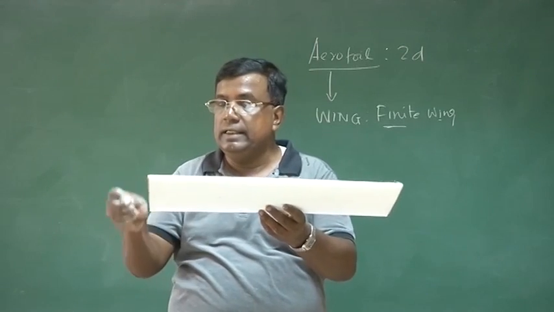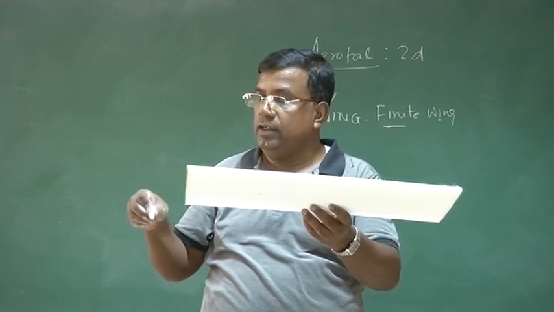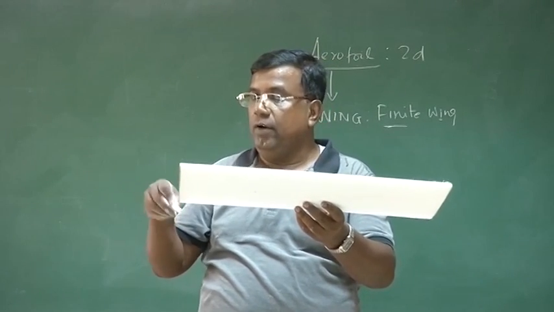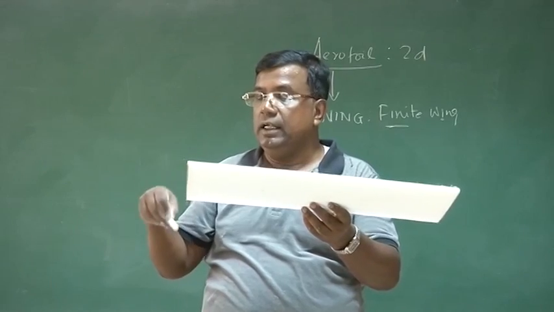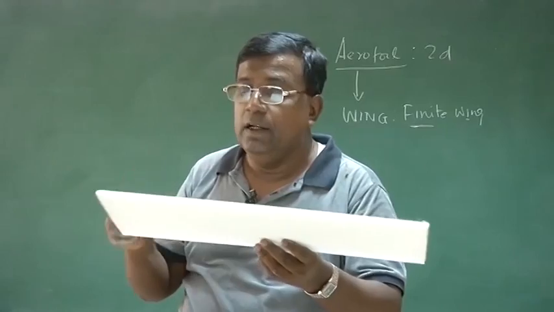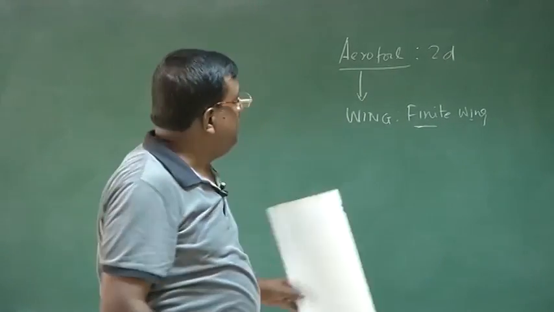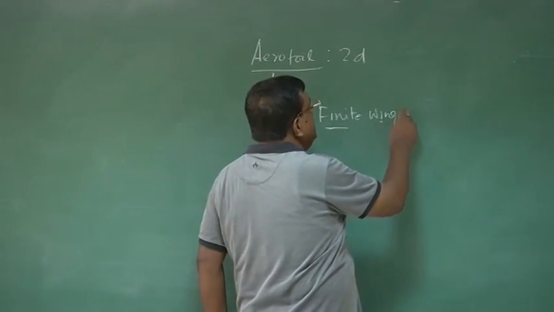Since they go into a rotational motion, vortices are formed, so rotational kinetic energy is required, and that comes at the cost of the energy of the airplane, so we call this induced drag. So that is why in a finite wing we have wing tip vortices.